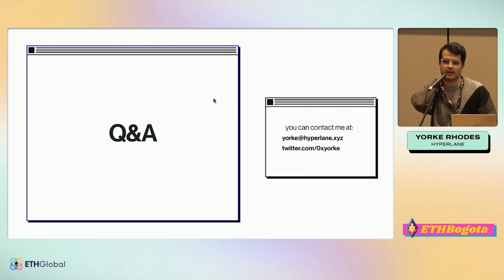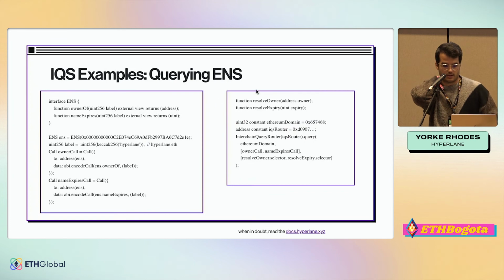What that means is in your callback receiver, let's say resolve expiry, in the implementation of that function, you could have a reverting condition which says this much time must have elapsed between when I dispatched the query and when the callback is being resolved. And that's how you could schedule callbacks.